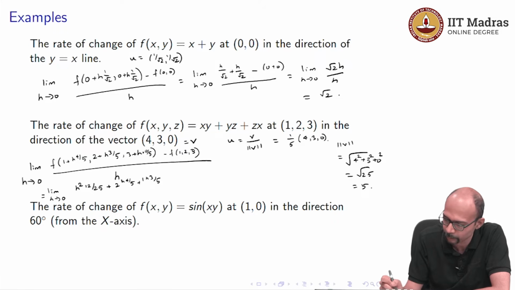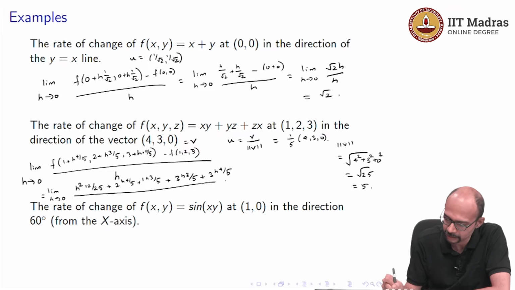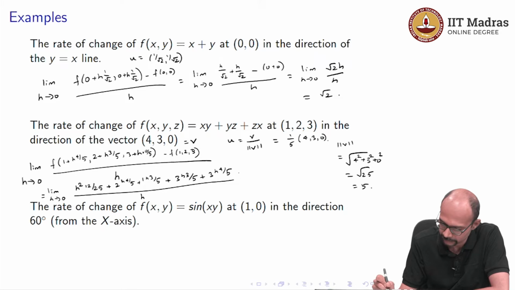This is coming from your first xy term, and for the other two terms you probably have only one term each. So, 3 times h times 3 by 5 plus 3 times h times 4 by 5, and the other terms cancel with f of (1, 2, 3). I will suggest that you do this. And then divided by h.